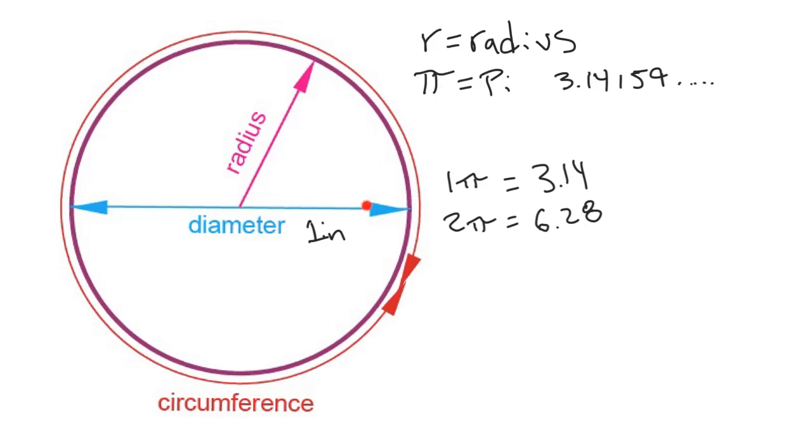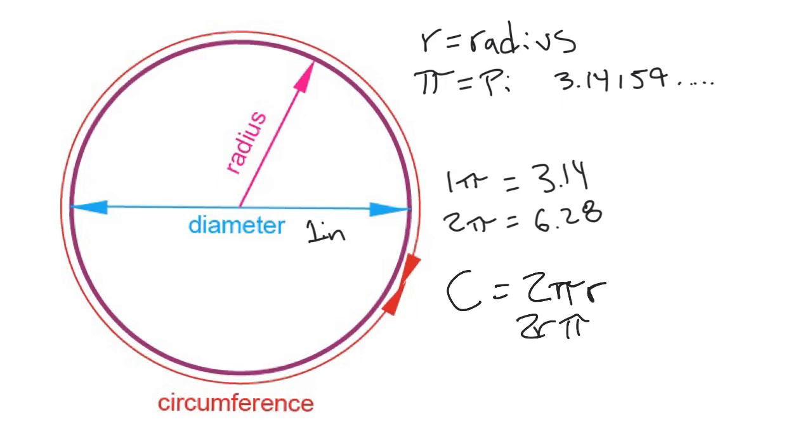If the radius is just half of that, then the circumference could be shown as 2 pi r, because it's 2 times r. Or we could write it as 2r pi.